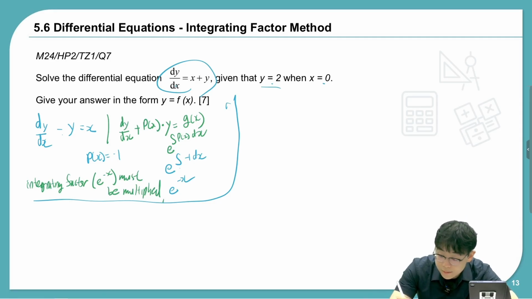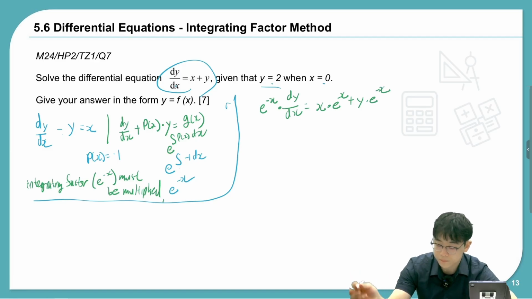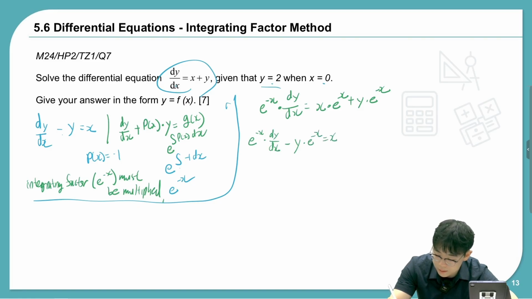Then we would have e to the power of -x times dy over dx is equal to x times e to the power of -x plus y times e to the power of -x. Okay. Now let's move the y's to the one side here. Minus y e to the power of -x, and x e to the power of -x stays there, right?